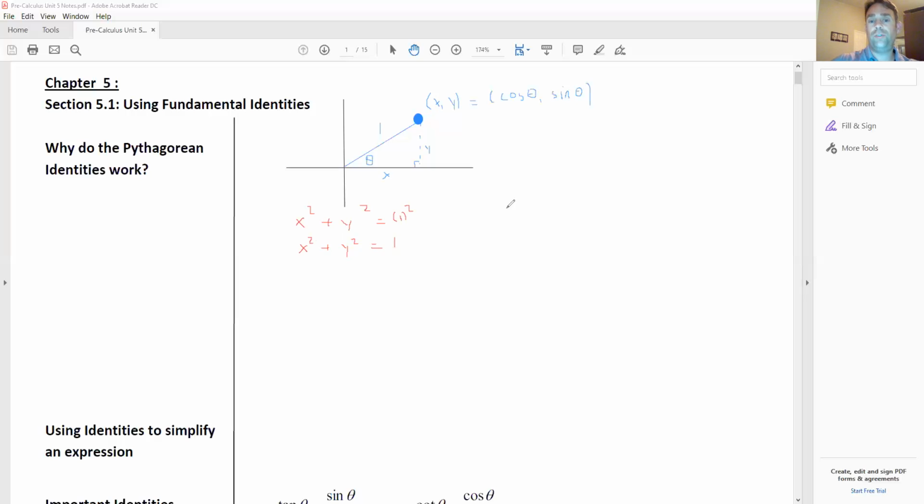Now, if we take this to trig, we said that x is the same thing as cosine theta, and y is the same thing as sine theta.